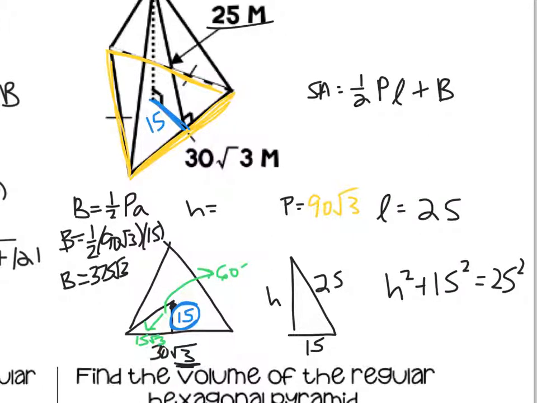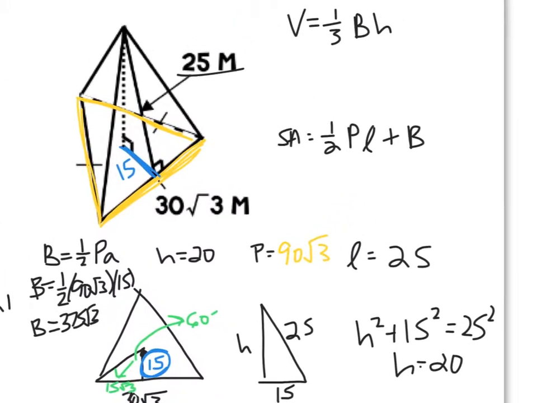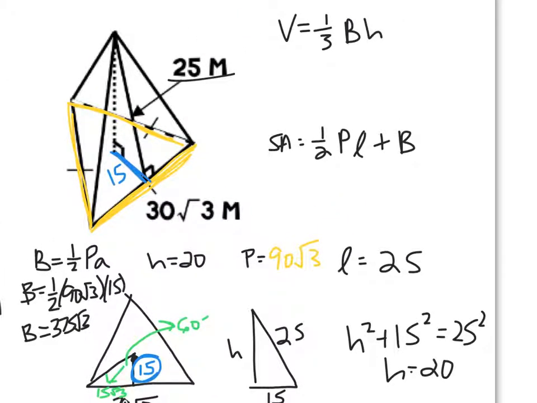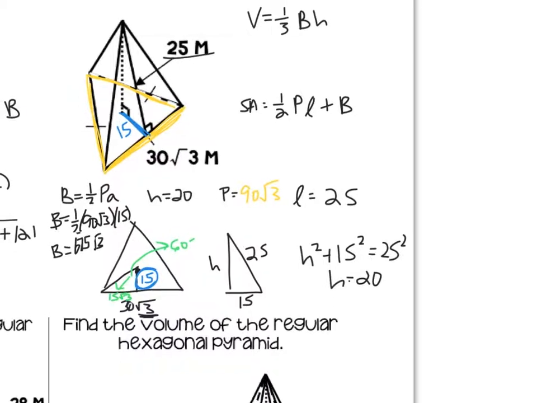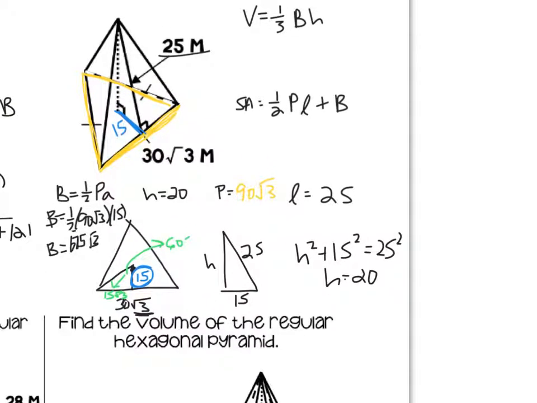All y'all out there who are not my students are now thinking I'm really crazy. Well, I am. It's okay. There we go. Height is going to be 20. I gave you another Pythagorean triple. I'm so nice. So now we have everything we need to plug into our formulas. So volume equals 1/3. Area of the base is 675 root 3.